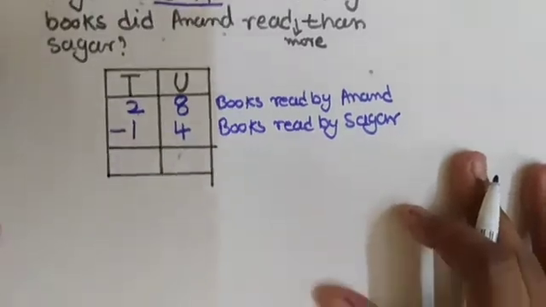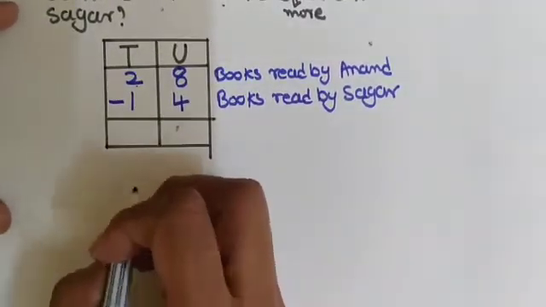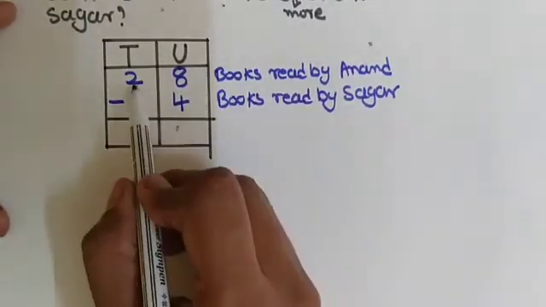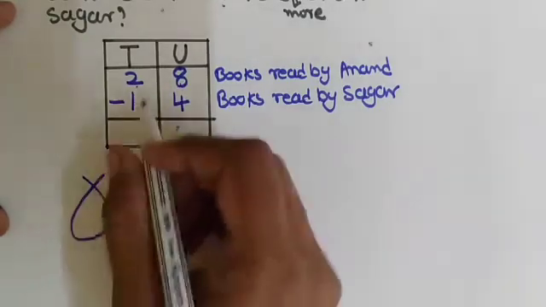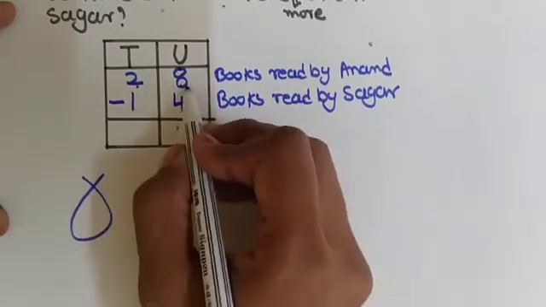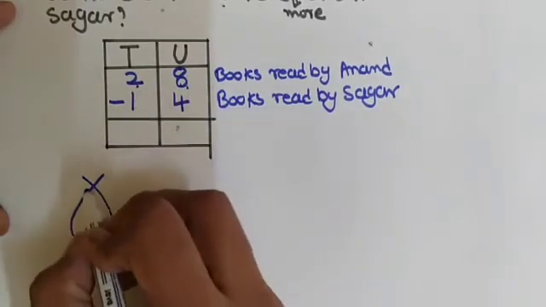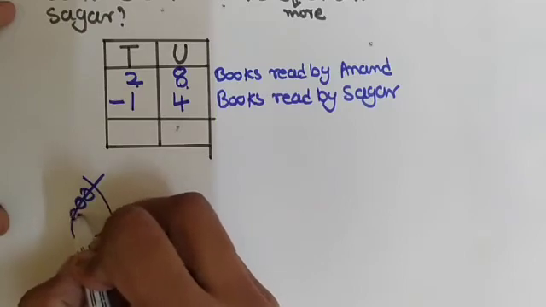Now we will do the subtraction by drawing tens and units. Here we have 28. So we have to draw 2 tens and 8 units. For tens, we have to draw a necklace of 10 beads.